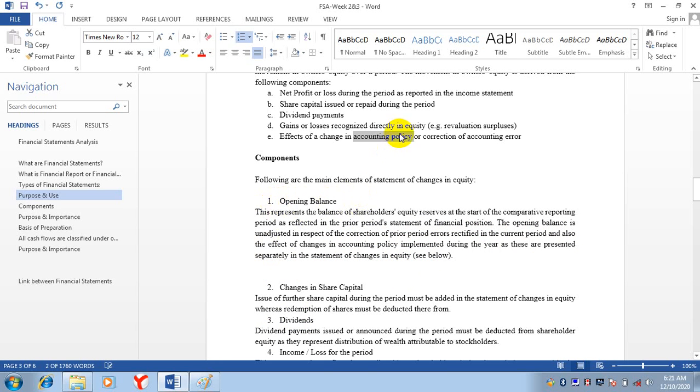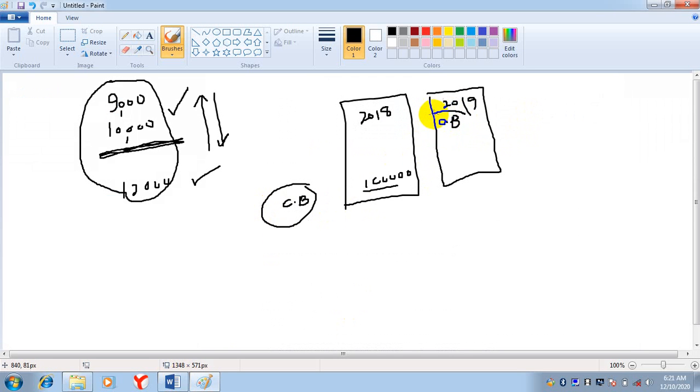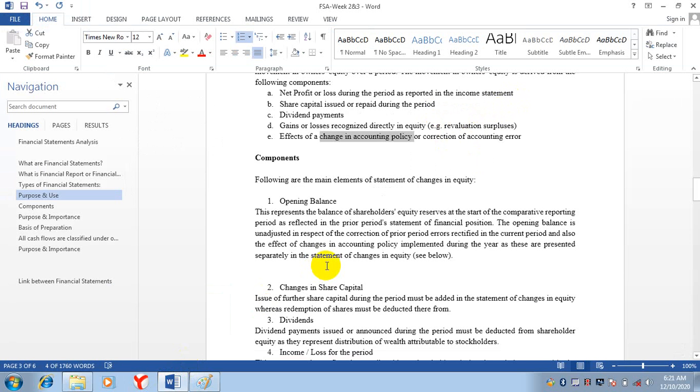We discussed that there can be accounting errors or changes in accounting policy, but that is not included in this opening balance. If there are mistakes, we will adjust them here.